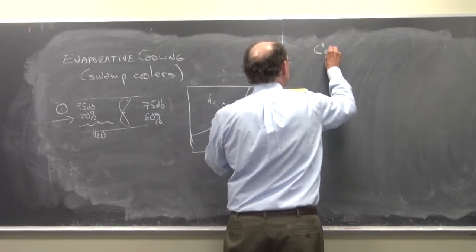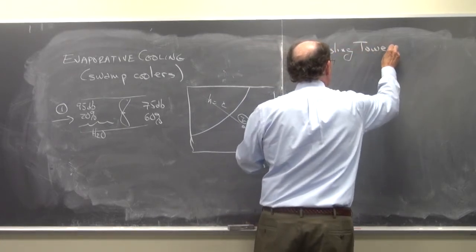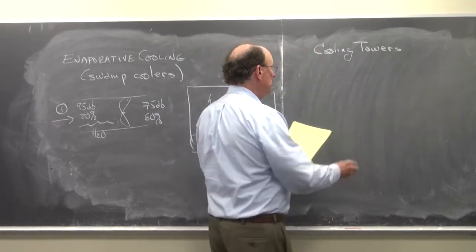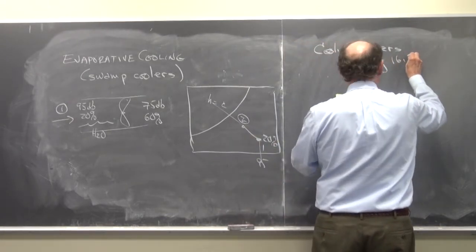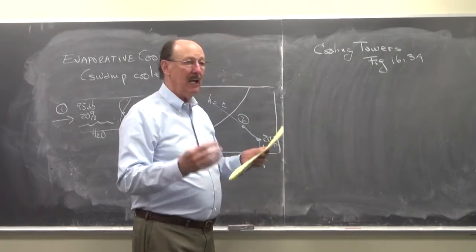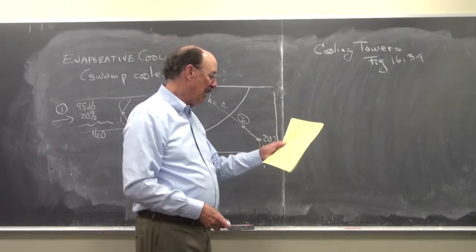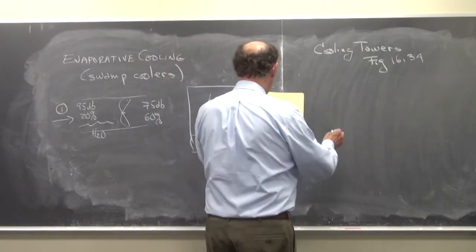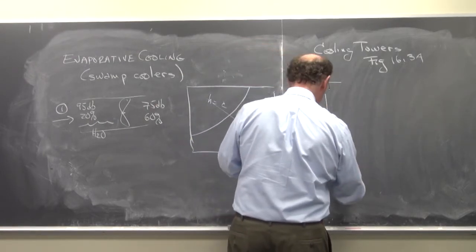So now cooling towers. If I look at cooling towers, this is figure 16.34. These are used in power plants, and in power plants there's circulating water that comes from the power plant. We need to cool it down. It has a purpose in there. So we're going to have a cooling tower, something like this.